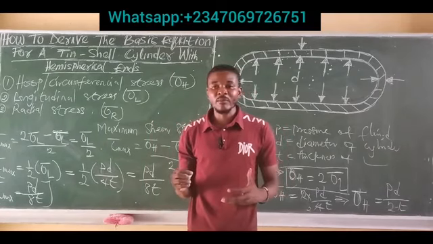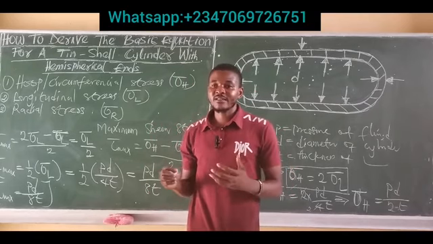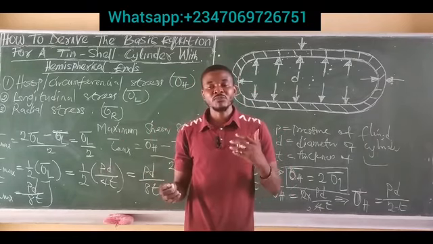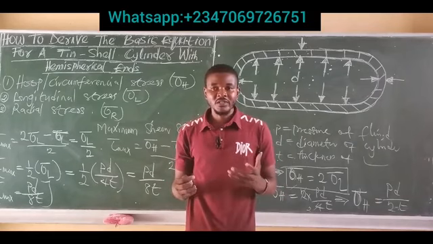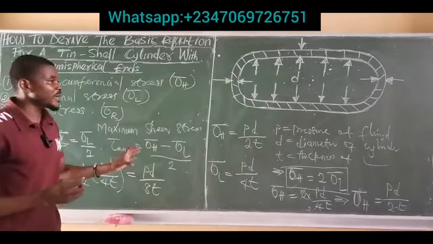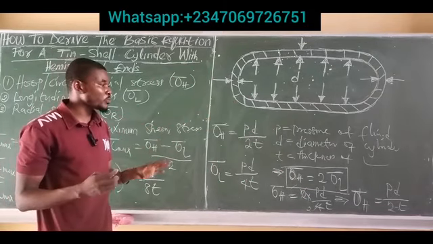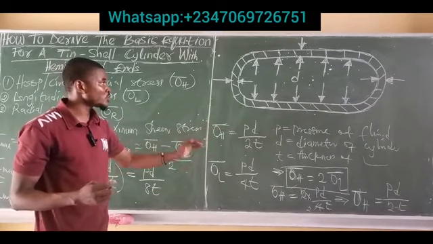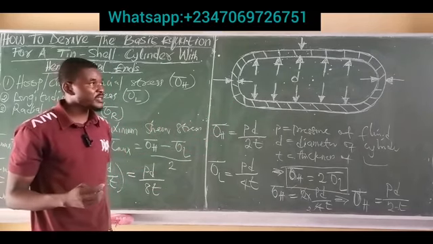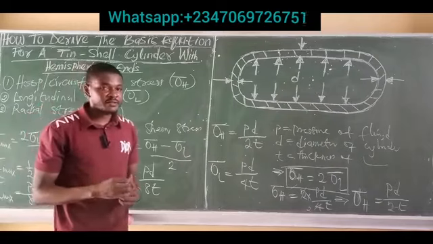That simply makes them principal stresses, and as such, there's a need to always find the maximum shear stress between the two principal stresses. So we are going to keep these equations to one side, then we can move on to deriving this particular equation. I'm going to pause the video here and rearrange these equations, then let's start to derive the formula for the thin shell cylinder with hemispherical ends.